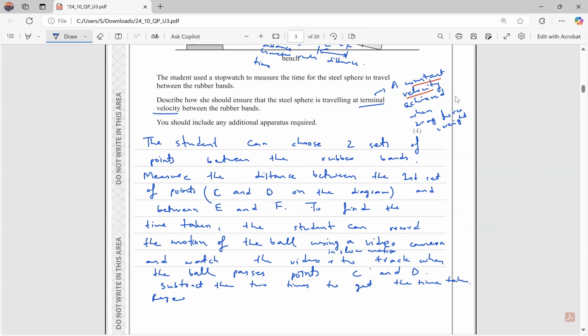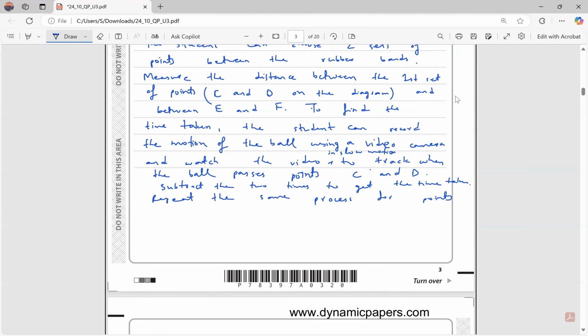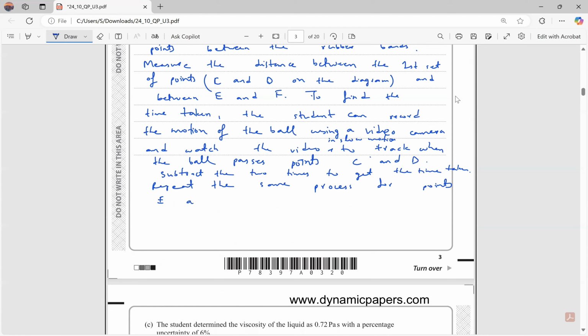Repeat the same process for points E and F.